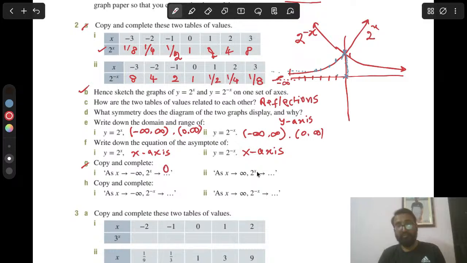As x extends to plus infinite, where are you going? You have to give the values of y. Okay, this is 0 only. What about as x extends to plus infinite? Infinite. You have to provide the values of y.